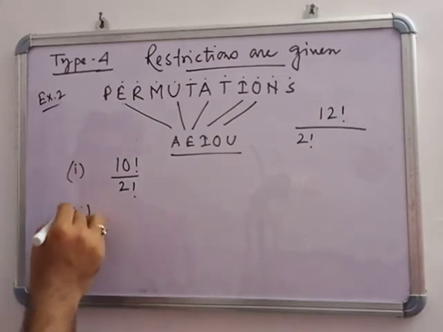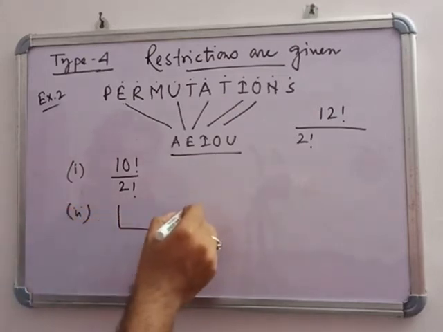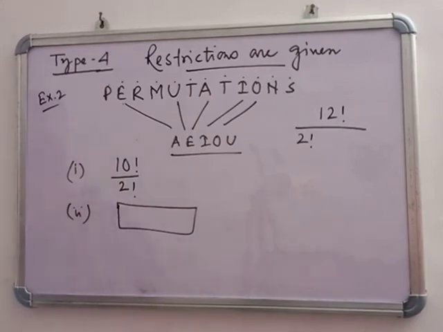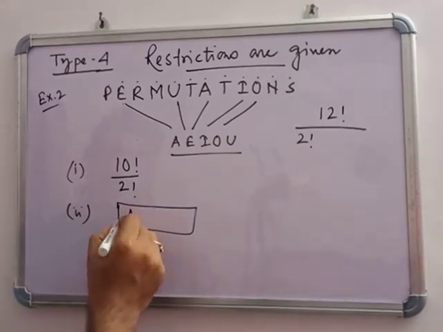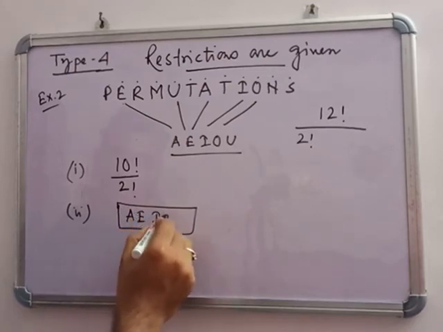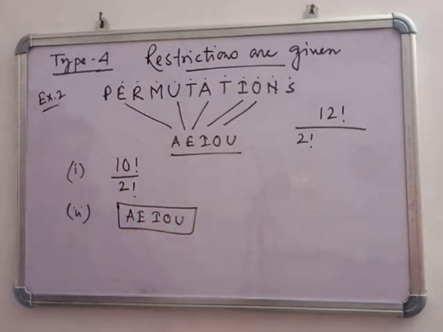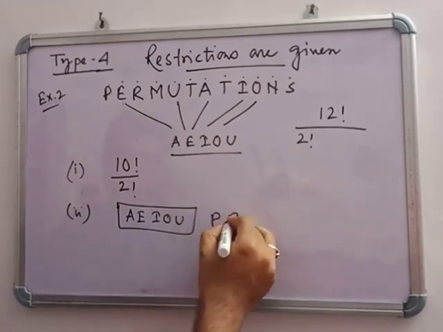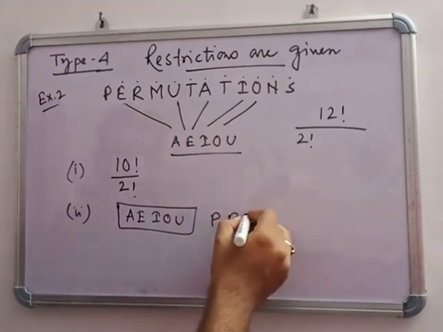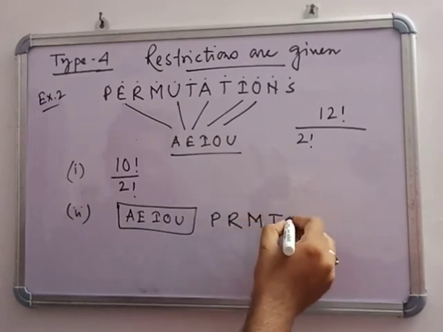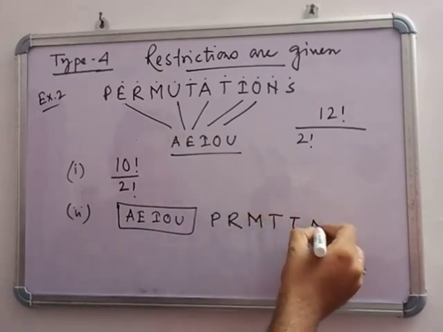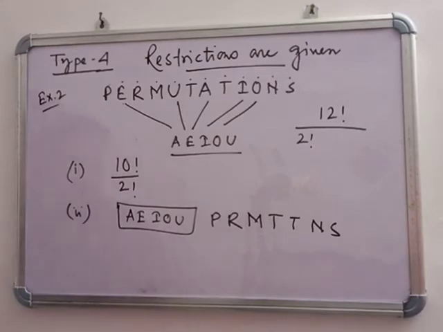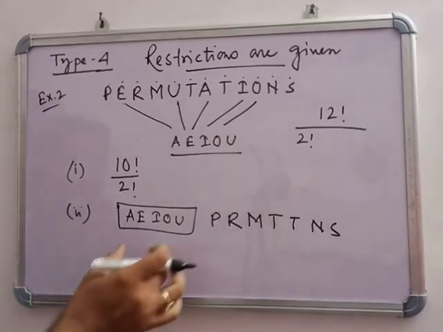Now if we say the vowels are together, that means A, E, I, O, U are together, and the rest are P, R, M, T, T, N, S. These can change their position.